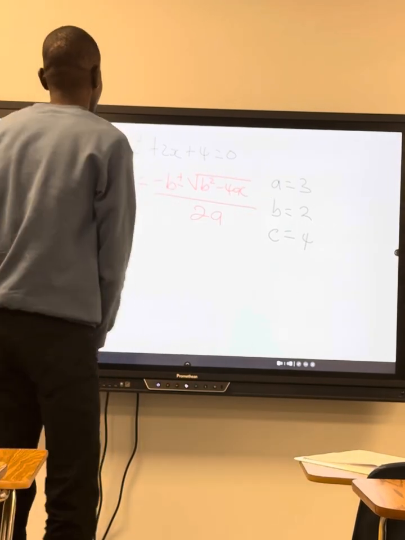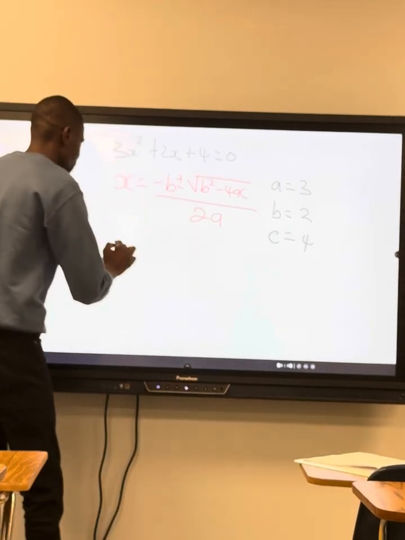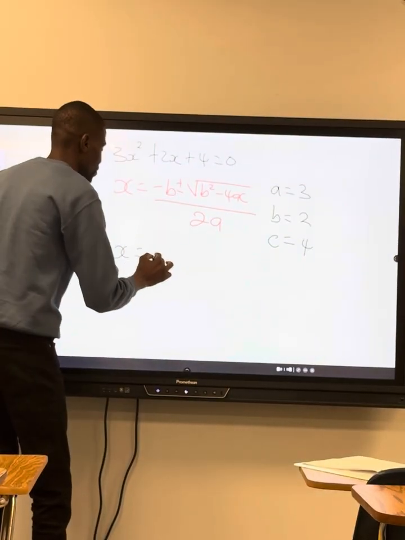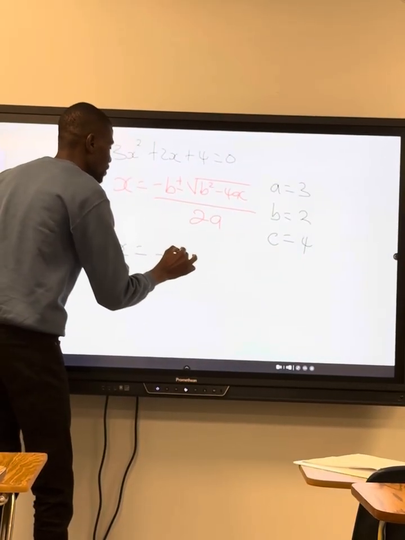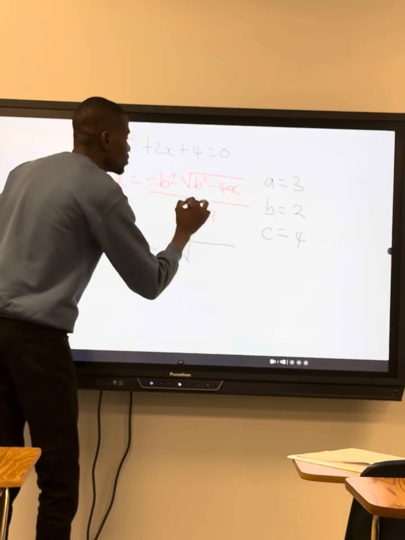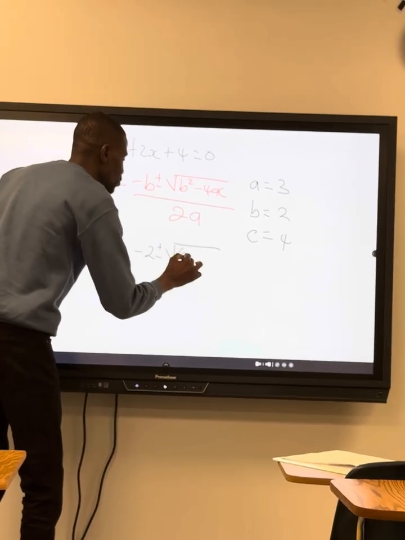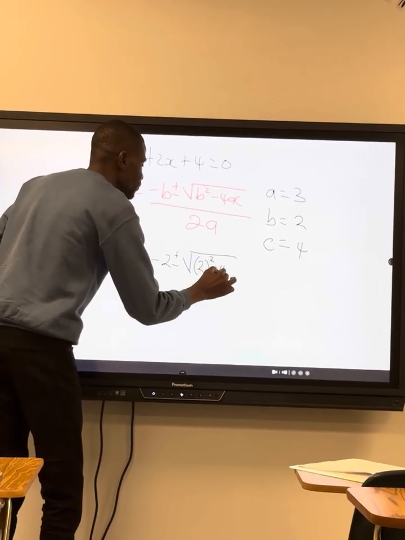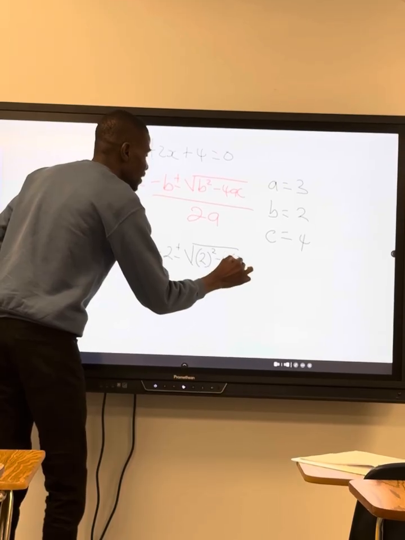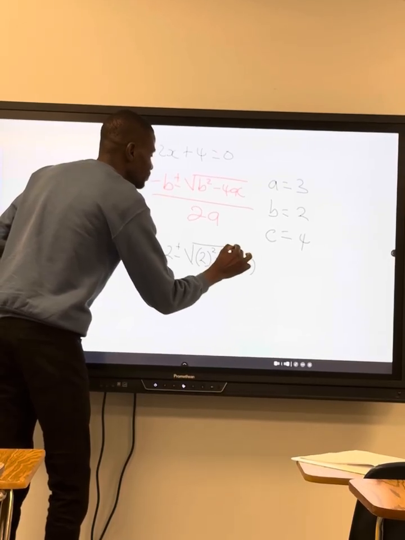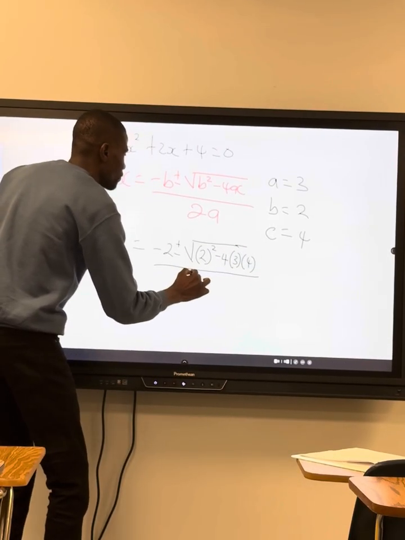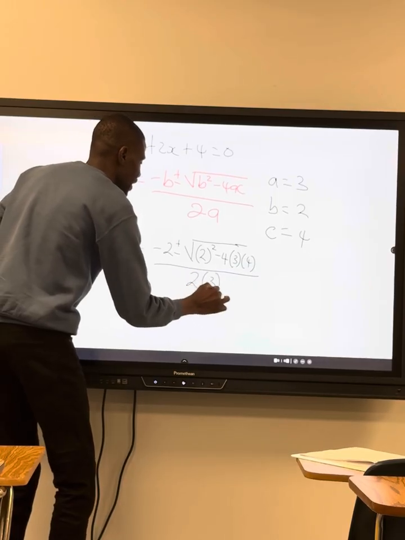So let's see how we can solve this. x is equal to -2 plus or minus the square root of b, which is 2 squared, minus 4 times a times c, all over 2 times a.